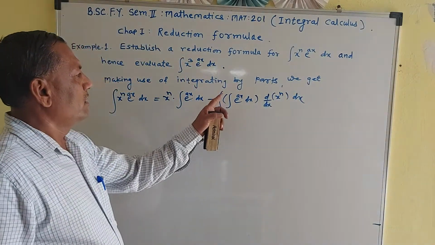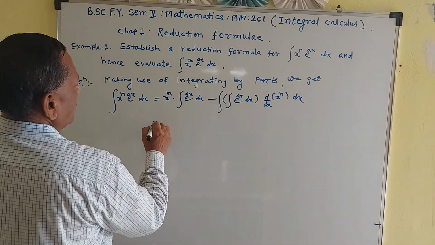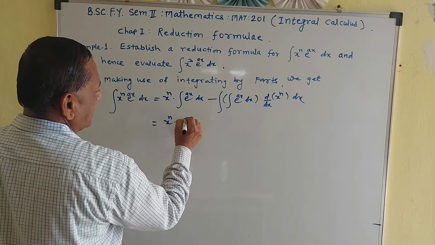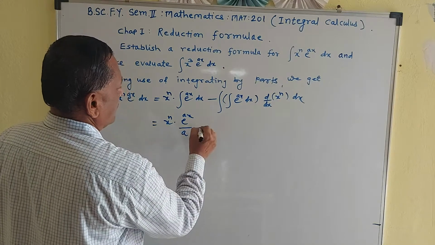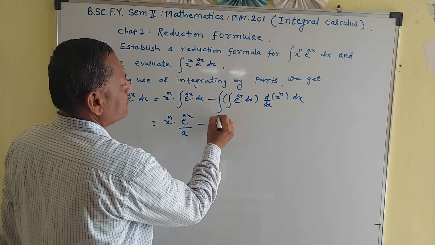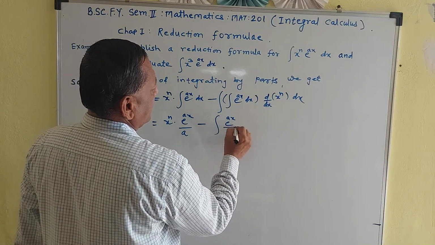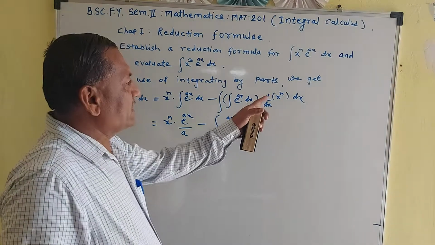So this is equal to x raised to n into, what is the integration of e raised to ax? e raised to ax upon a, minus the integration of e raised to ax upon a into the derivative of x raised to n.